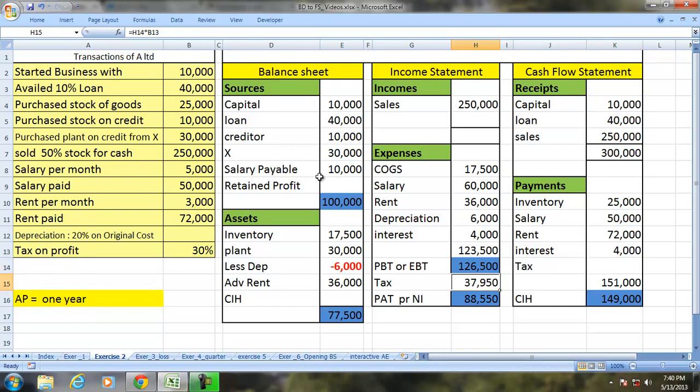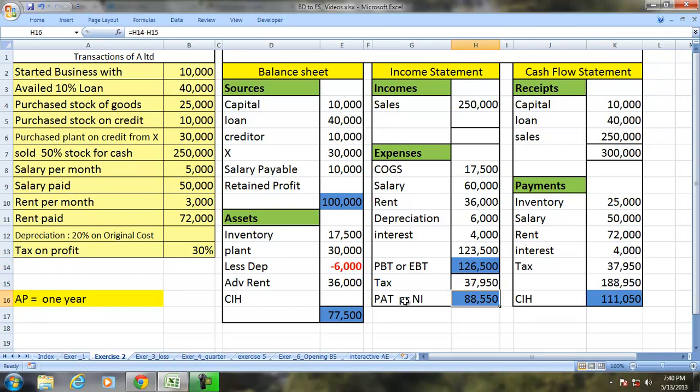And tax is 30%, so 30% on PBT, the profit before tax, which is income minus the expenses. On that we assume that the taxable income is same as the accounting income, so the tax is calculated on PBT and tax is paid immediately, and it is 37,000.